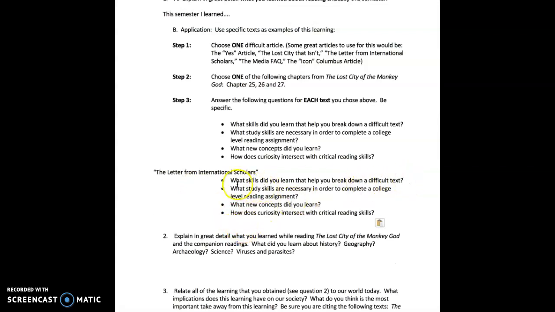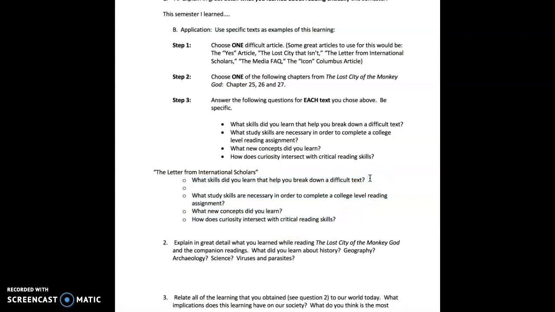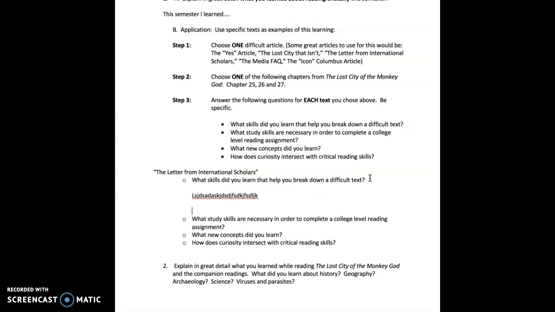And then I don't really like that that's that far, so I'm just going to move it out a little bit. There we go. Maybe a little bit more. There we go. And then I would, right, leave a little space. I'd make it neat like that. And then I would say, what skills did you learn that helped you break down a difficult text? And then I would answer the question.